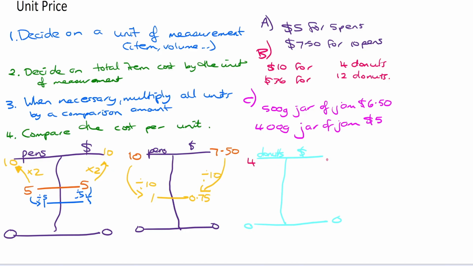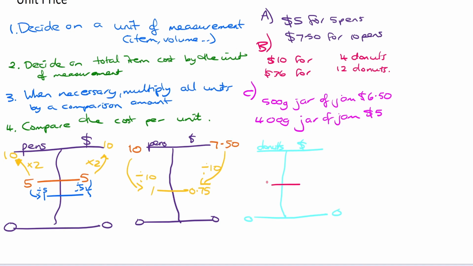If I look at the numbers 4 and 12, I would set that up with 4 donuts for $10 here, knowing that I'm going to scale by a factor of 3 to get to 12 donuts. So you can ask your students, how would I get from 4 to 12? What would I multiply by? What would I scale by? Because I always scale in tandem. So that would tell me that it would cost me $30 to buy 12 donuts.